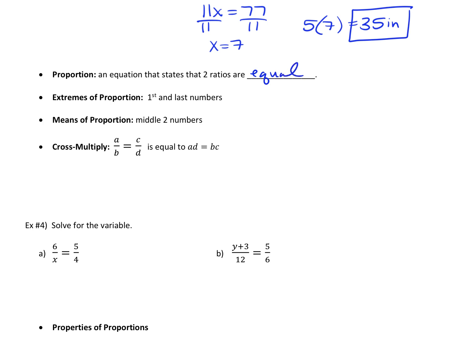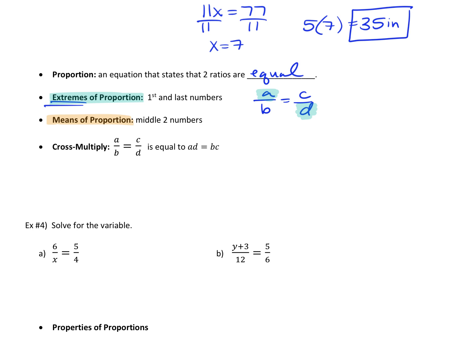In a proportion, there are 4 numbers. 2 of them are called the extremes of proportion. So if I have A over B equals C over D, my extremes of proportion are the first one and the last one, okay? The means of proportion, if you think like mean, median, and mode, mean means what?